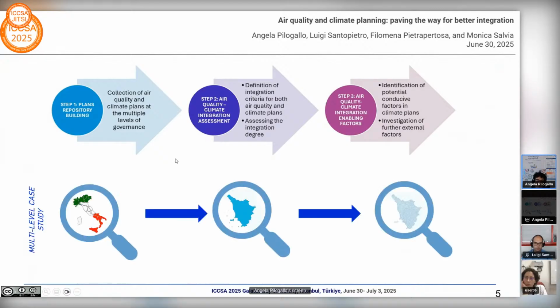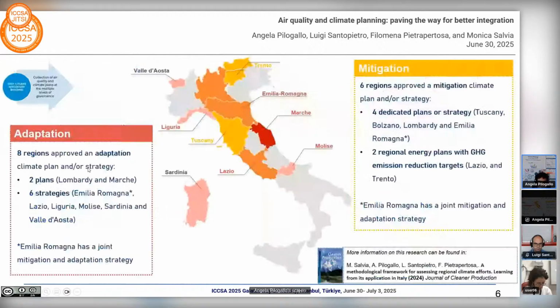The multi-level case study spans from the Italian scale to the municipal scale, considering the Tuscany region as a specific case study, selected because it approves jointly an air quality and a mitigation plan.